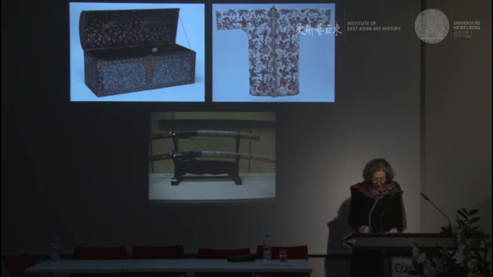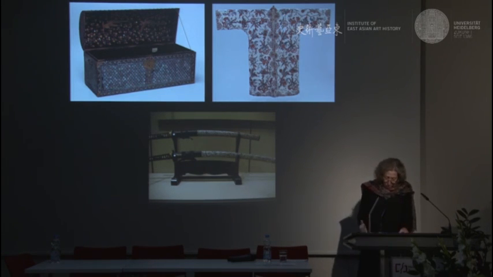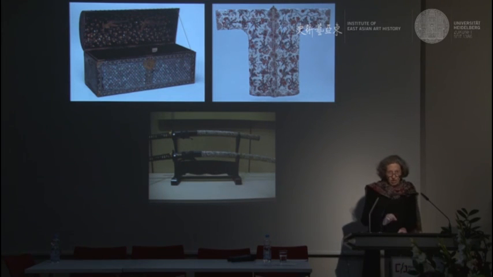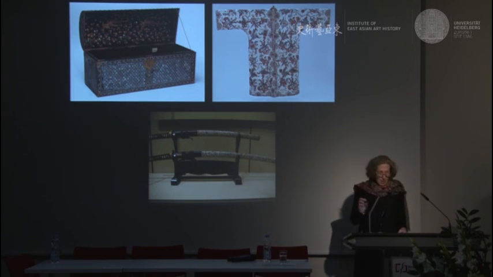Now, I think that the three cases that I've presented could have been augmented by many other examples. Hybrids of various kinds can be found throughout the history of Japanese art and design, and each can tell a very particular kind of story, not about origins and destinations, but instead about in-betweenness.